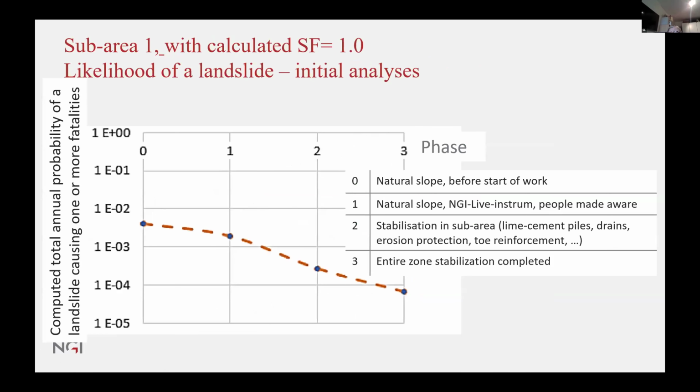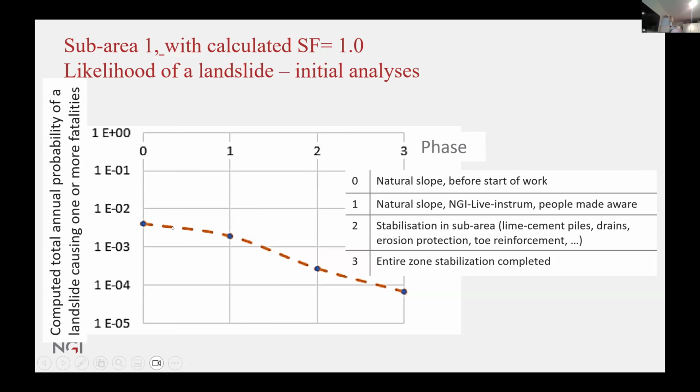But I'm showing you just one area. In one area, remember, we have a very large area, so the total probability of failure is much higher than what's shown here. But we divided the analysis into 4 phases. First, it was the natural slope before the start of the work, and that gave us an annual probability of failure of about 10 to the minus 2, which is high, but maybe not so uncertain.